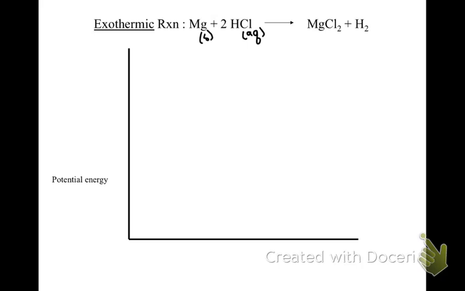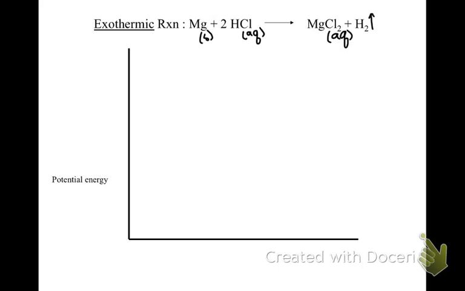And then magnesium chloride is an ionic compound that dissolves in water, so it would get an AQ. And then hydrogen is a gas, so you could write a little G there in parentheses, or since it's a product, you can write a little arrow going up next to it, which means it's released, it's coming out.